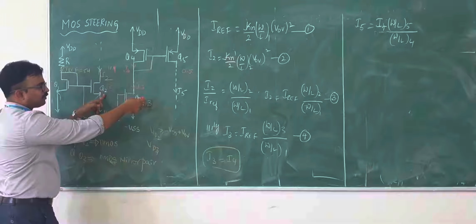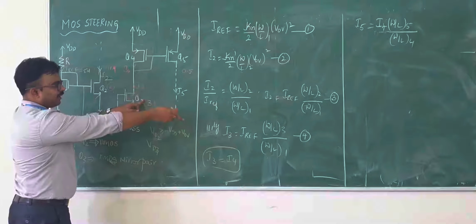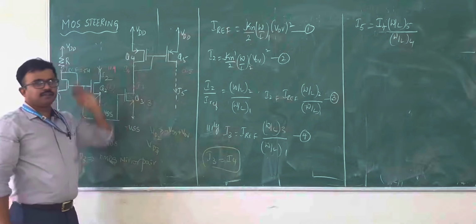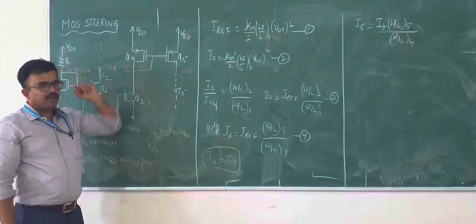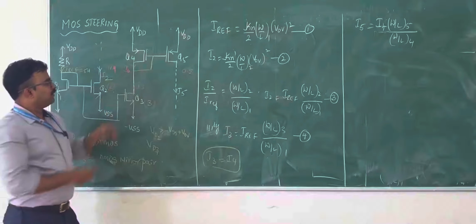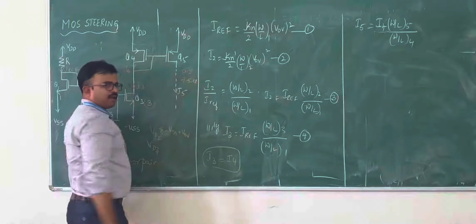In this case also, I reference is increased, multiplied by 3 as per the equation. But when it comes to the fifth transistor, the W by L ratio is 0.5. So therefore, the current is 0.5 multiplied by 15, you get 7.5 micro.